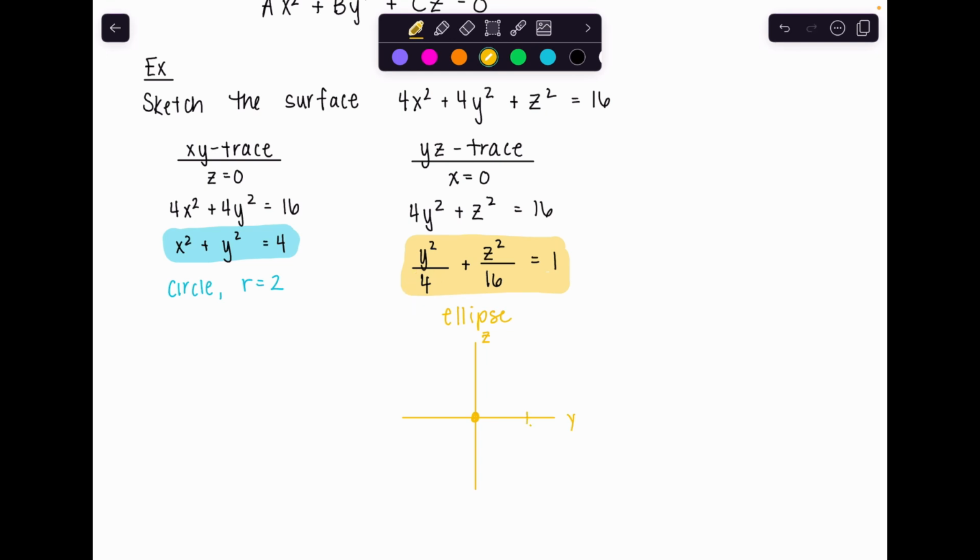So the endpoints here would be 2 and 2, so here's 2 and here's 2. So the endpoints are this. 16 being under z tells you you move 4 in the z direction. So it's always the square root. So you would go up here to 4 and down here to -4. And that gives you your shape of that ellipse.